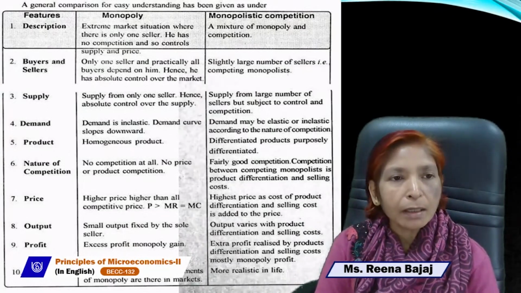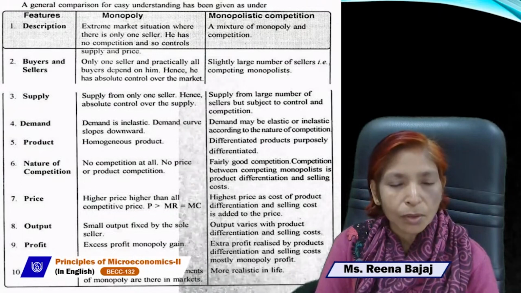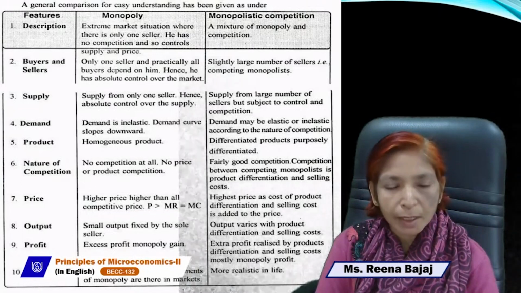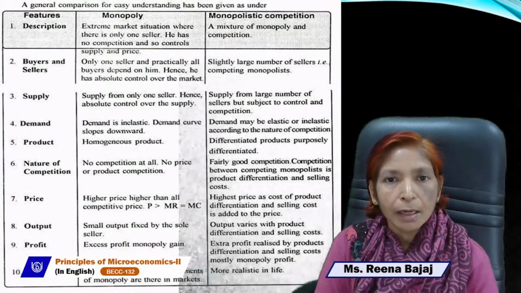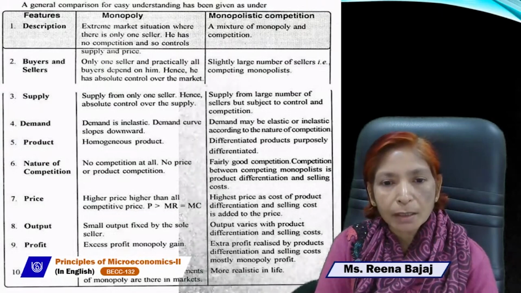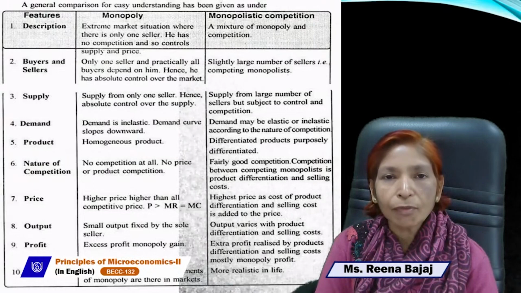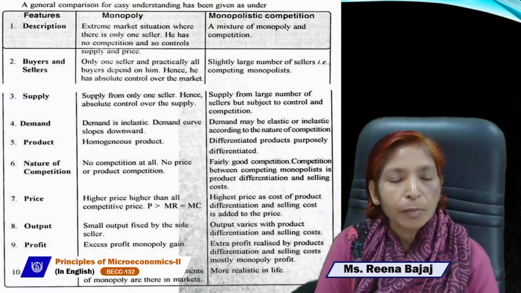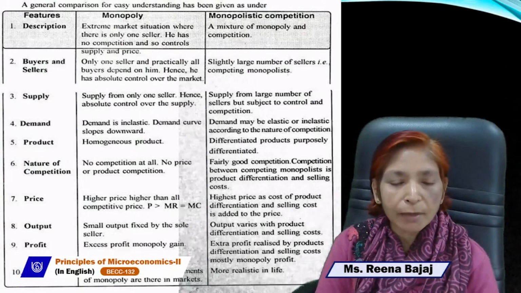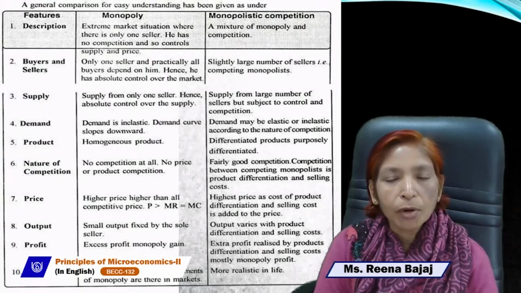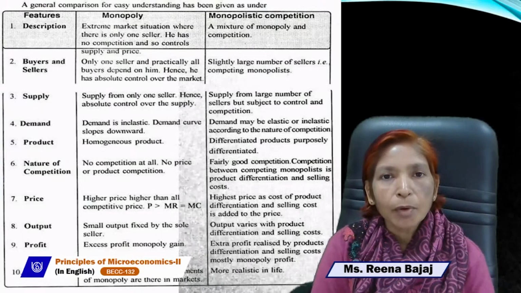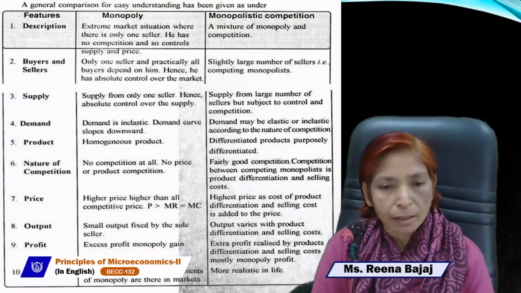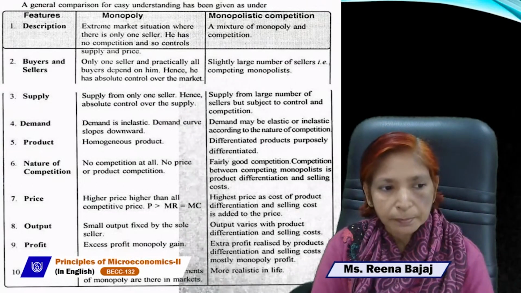Under monopoly, demand is inelastic, so the demand curve slopes downward but is less elastic. Under monopolistic competition, demand may be more elastic due to the availability of close substitutes. In a monopoly market, the product may be homogeneous or differentiated, but in monopolistic competition, the product is always differentiated, not the same.